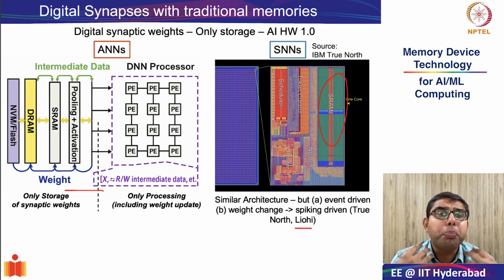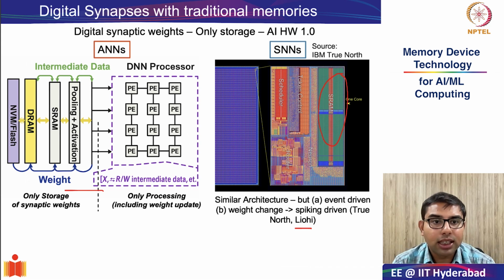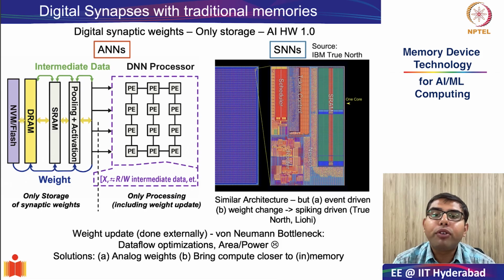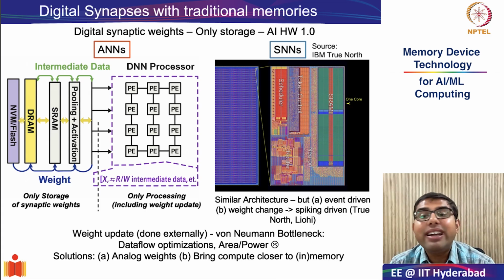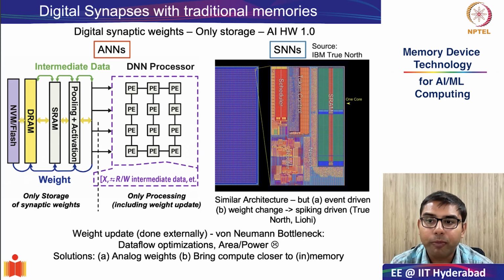So while both these implementations of ANNs and SNNs in digital logic using traditional memories are very promising, of course they suffer from the same problem of the von Neumann bottleneck. Since synaptic weights are stored separately from the computation units, every weight update requires constant data movement, which leads to really high power consumption.